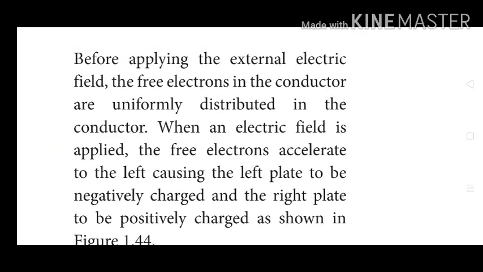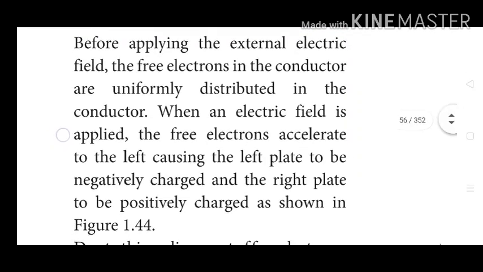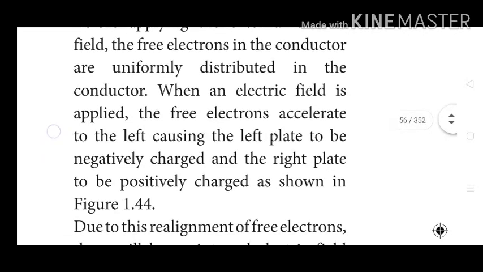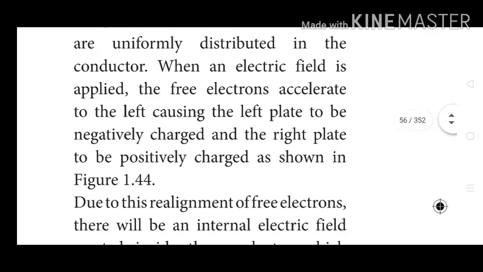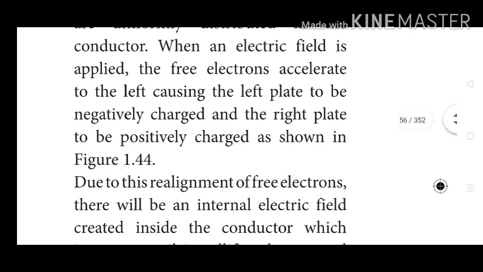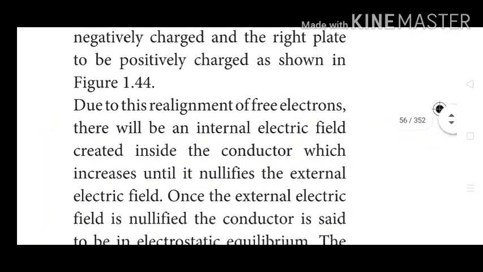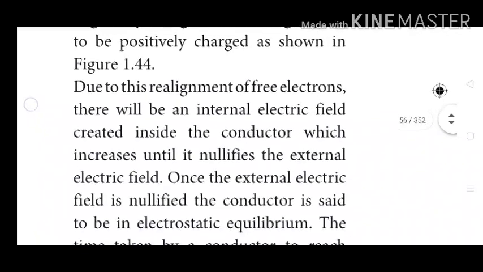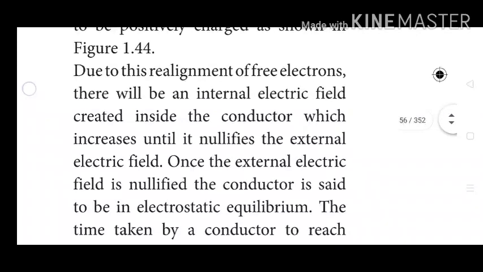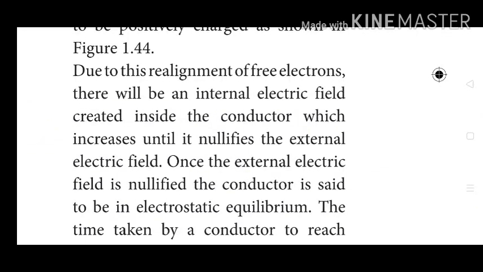Before applying the external electric field, the free electrons are uniformly distributed in the conductor. When the electric field is applied, the free electrons accelerate to the left, causing the left plate to be negatively charged and the right plate to be positively charged.